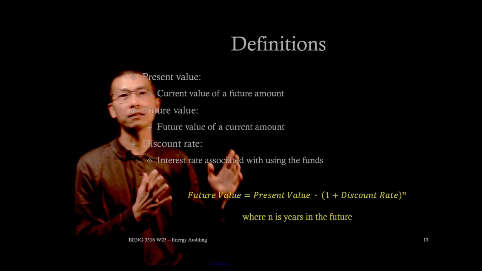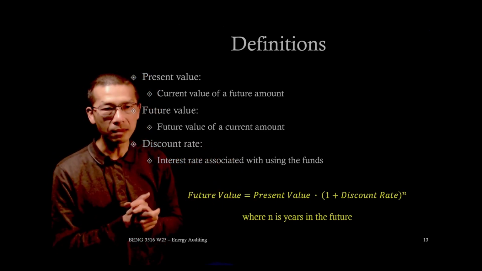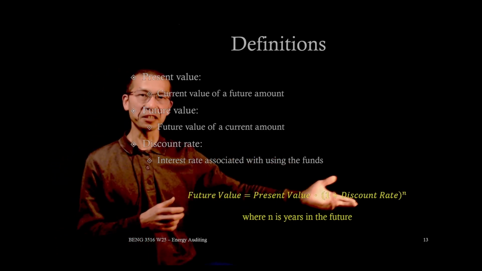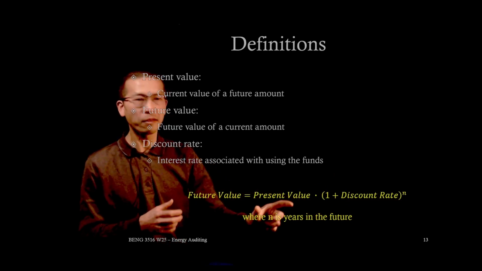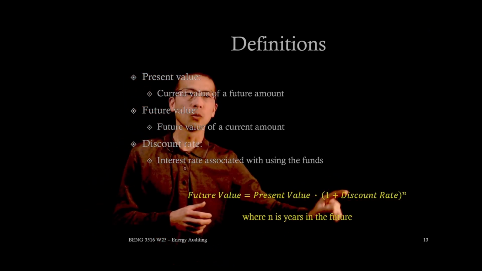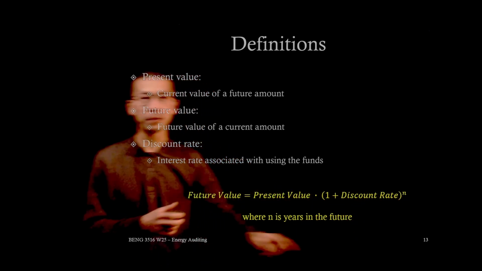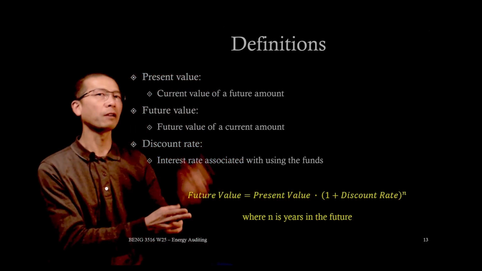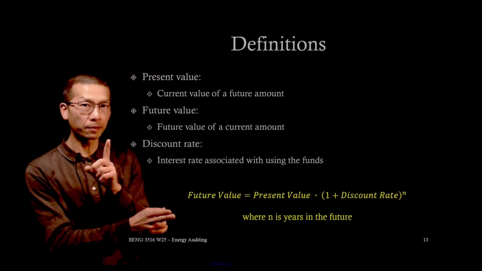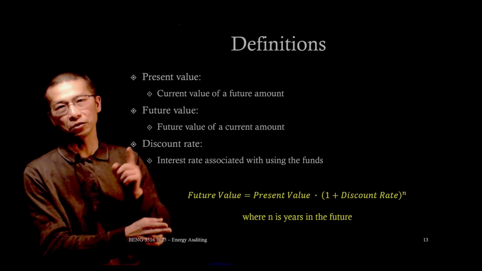Let's say 2%. Then next year at the same time, I will get $1 times 1.02 to the power of 1. So basically, the future value of this $1 in 1 year is $1.02.